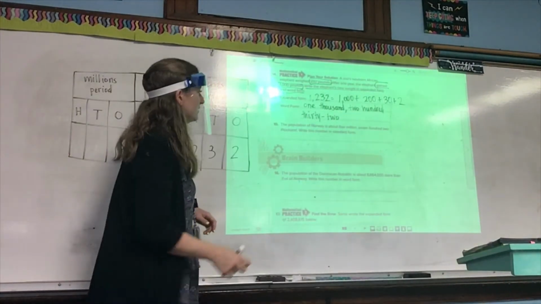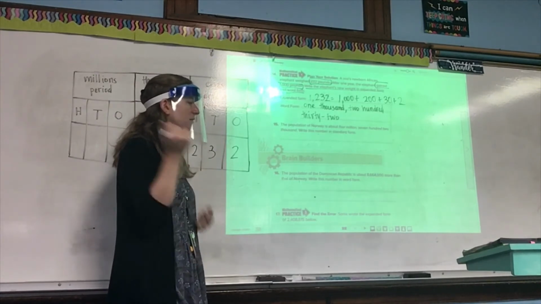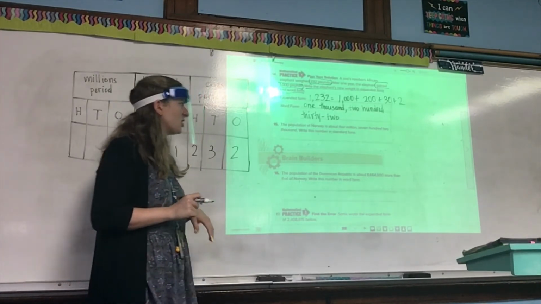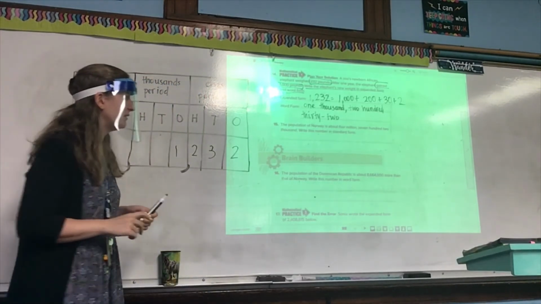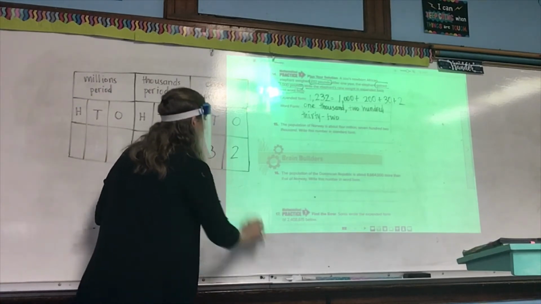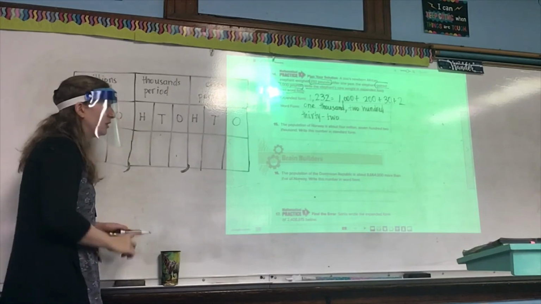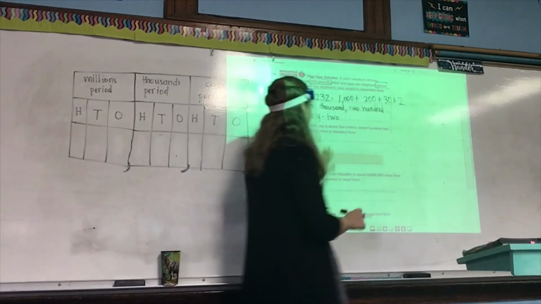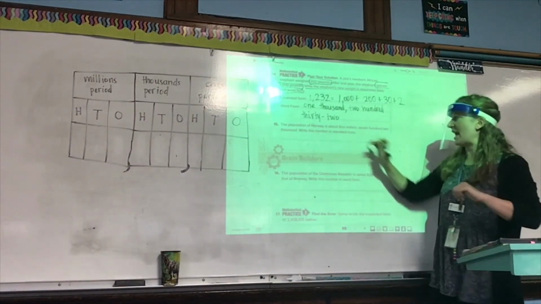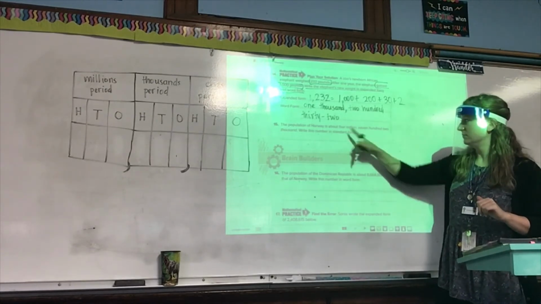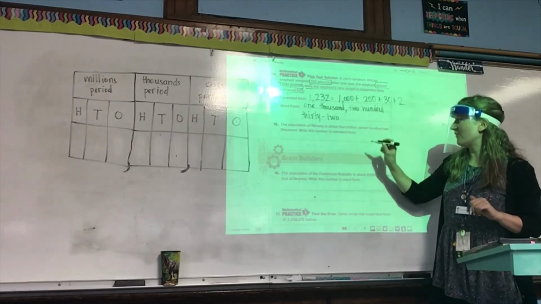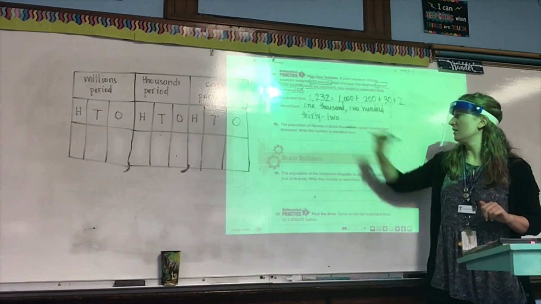Okay, number 15. The population of Norway is about 4,702,000. Write this number in standard form. So let's look at this word. We're just looking at the italics word number. Let's cross off everything before the comma.